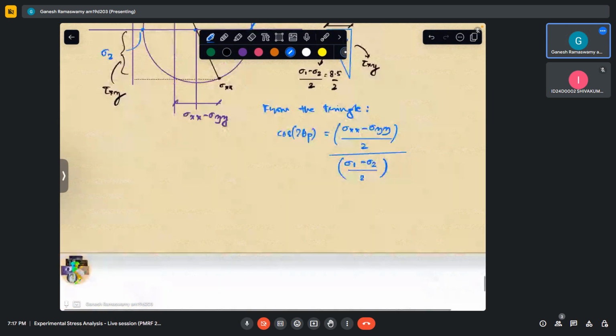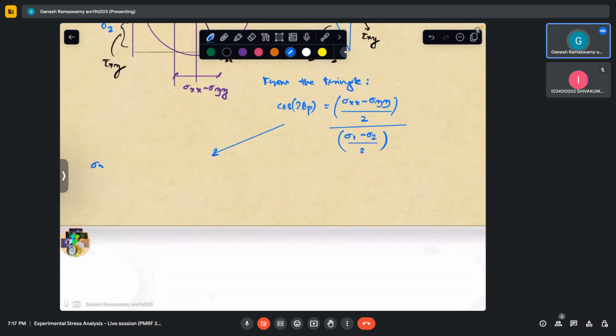It follows that sigma xx minus sigma yy is nothing but sigma 1 minus sigma 2 times cos 2 theta p.